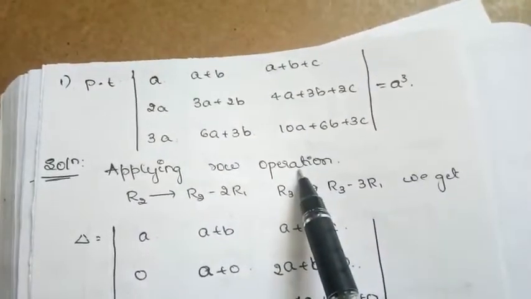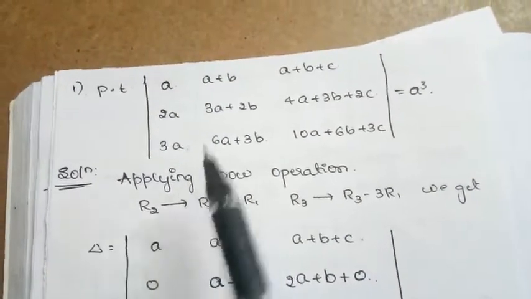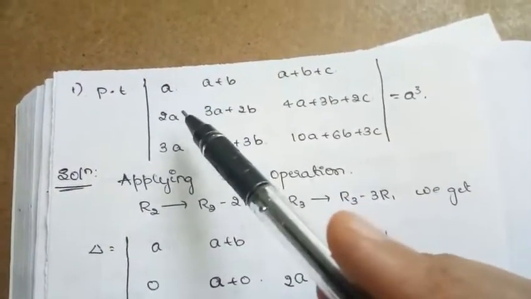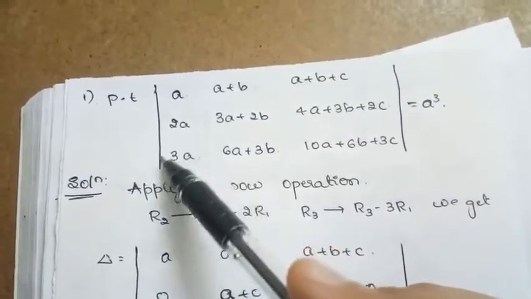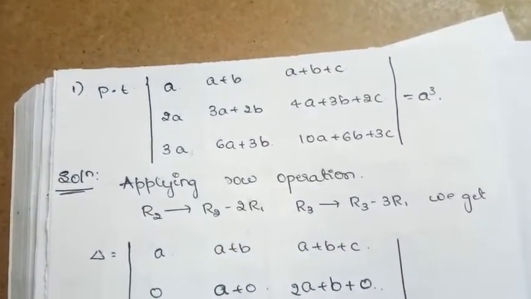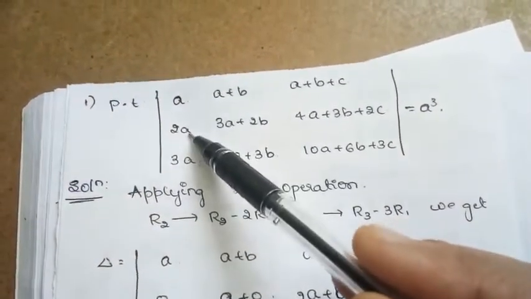What is that row operation? By property 6, I am making the second element of the first column and the third element of the first column equal to 0. How am I making it 0? By applying row operations.